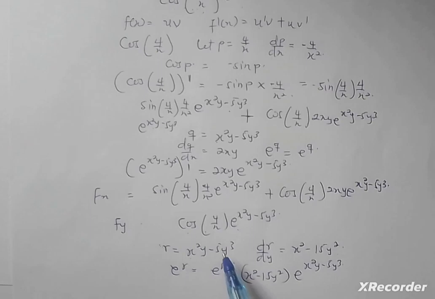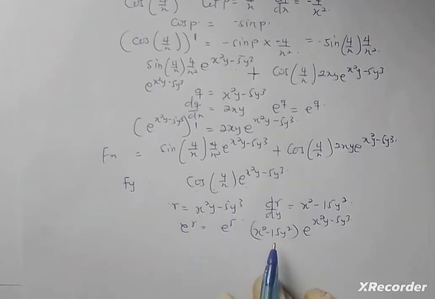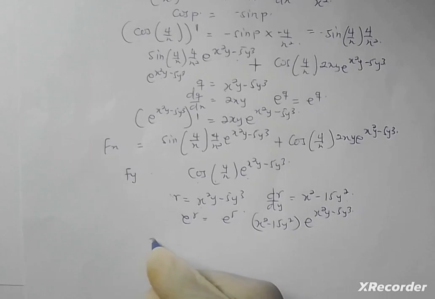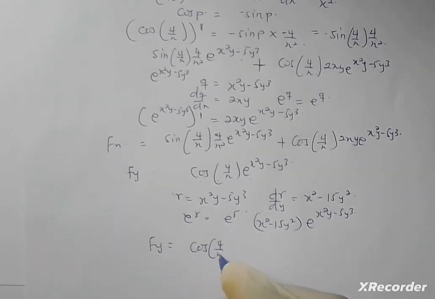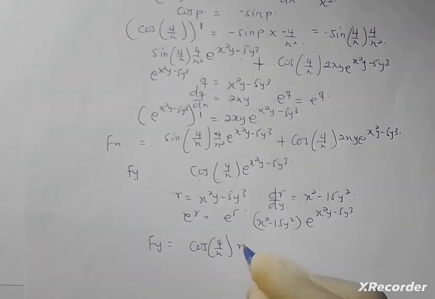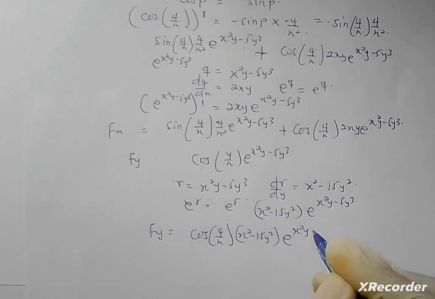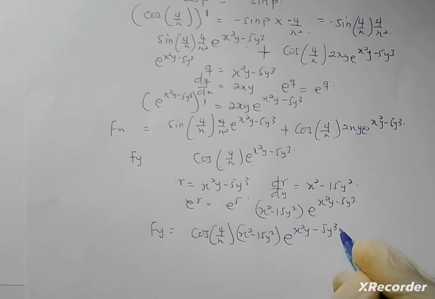Then this, since it is a constant, I'll add it towards. So therefore, I'm going to get my fy to be equal to cos 4 over x, times x squared minus 15y squared, also in another bracket, multiplying e to the power x squared y minus 5y cubed.